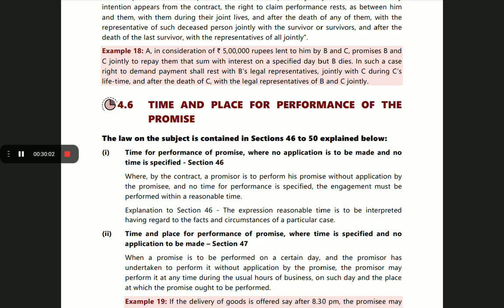Explanation to Section 46. The expression reasonable time is to be interpreted having regard to the facts and circumstances of a particular case. Time and place for performance of promise, where time is specified and no application is to be made. Section 47.